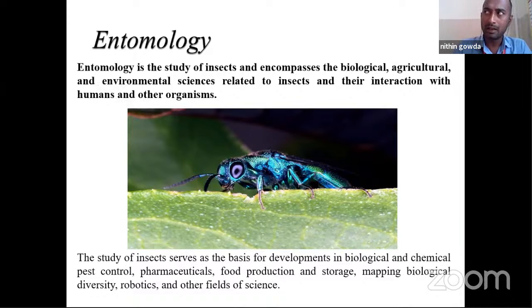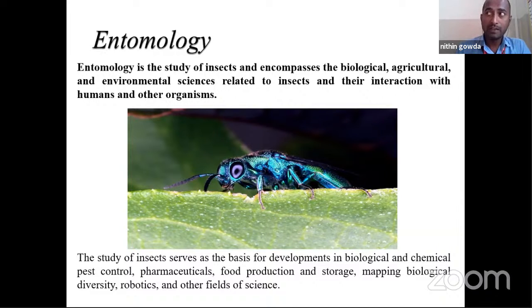Yearly, people are dying because of various infections and diseases that are transmitted through mosquitoes. The pharmaceutical companies analyze the cause and how to rectify it, and how chemical and biological pest control can reduce mosquitoes or other harmful insects.